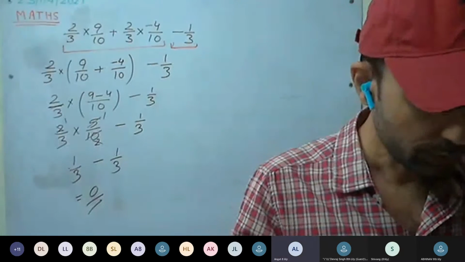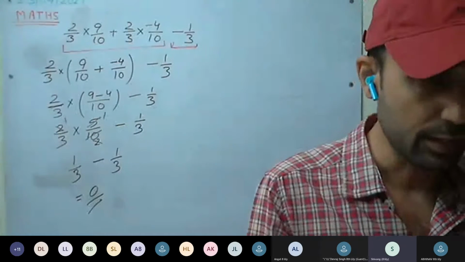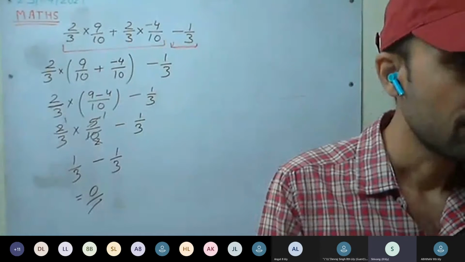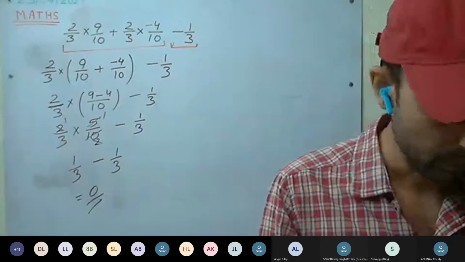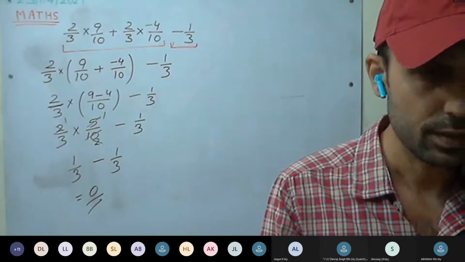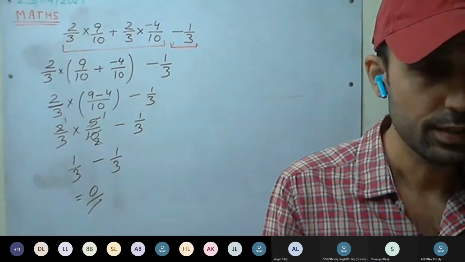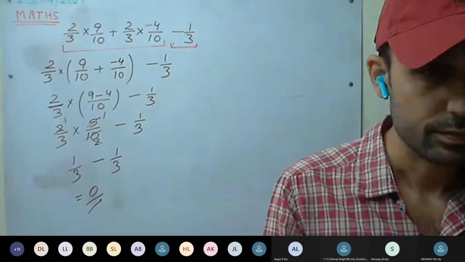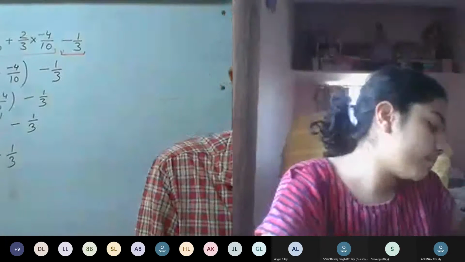So first one, what will be the answer? I'll be asking one student individually. So first one, Ayush. What will be the answer? Fill in the blanks. First one, Ayush. Unmute yourself and answer. Answer it, Ayush.